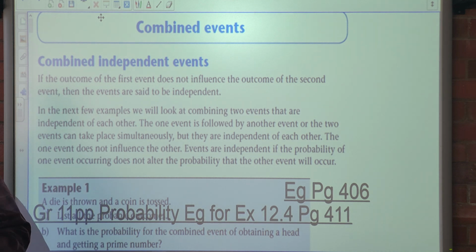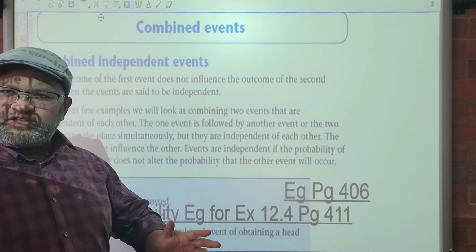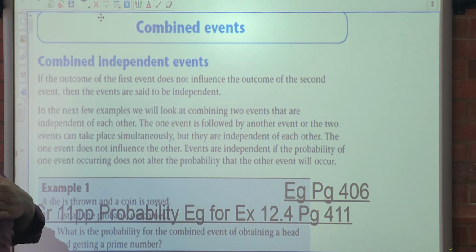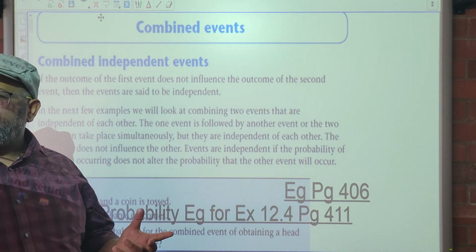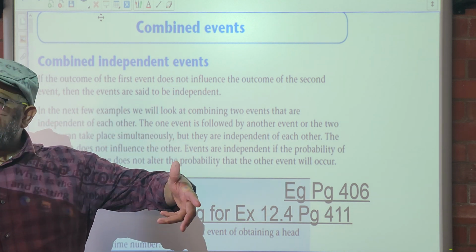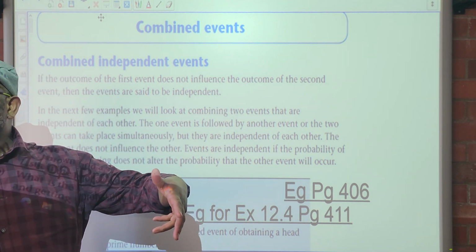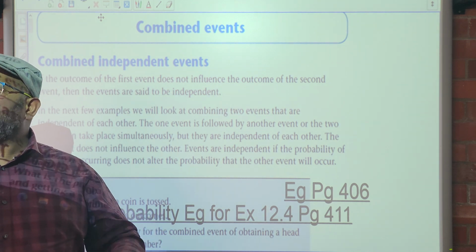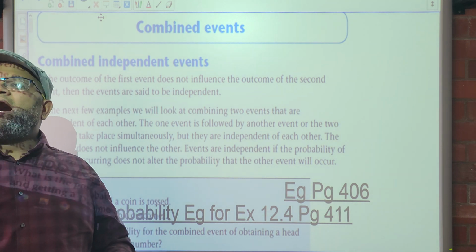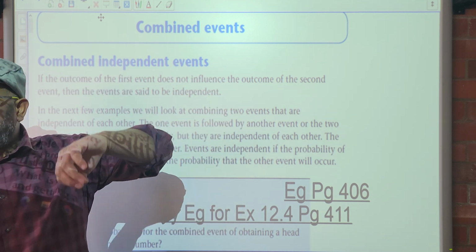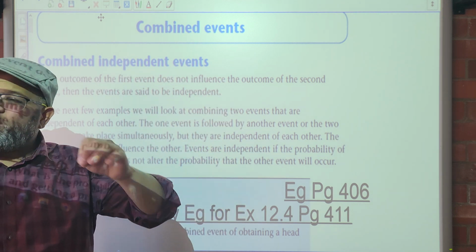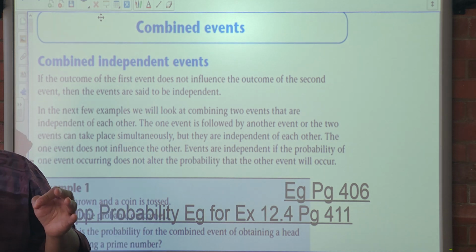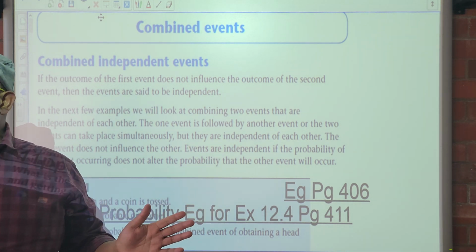So for argument's sake, if I have 52 cards in a pack and I draw an ace of spades, and I do the second draw, then I have one card less, which will affect my probability. However, if I put that card back in the deck before I do the second draw, then the second draw is independent of the first draw.